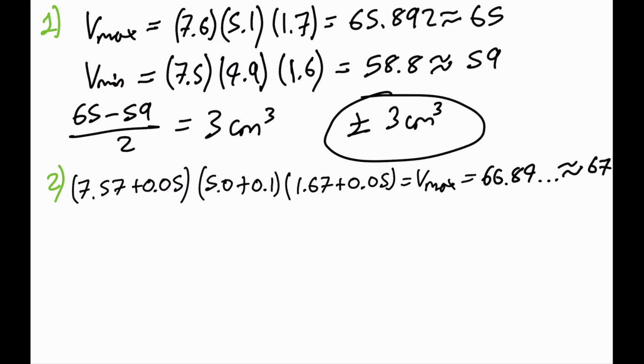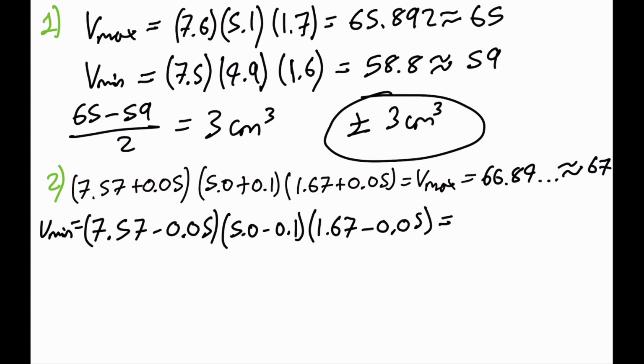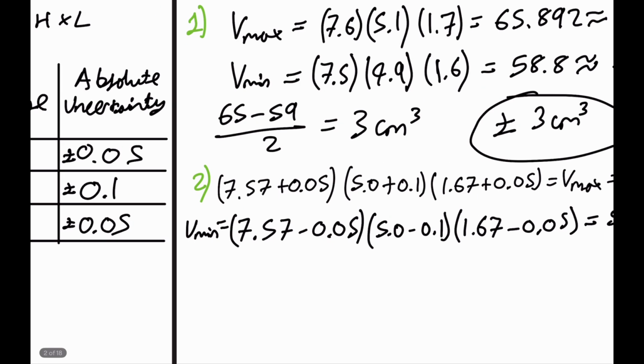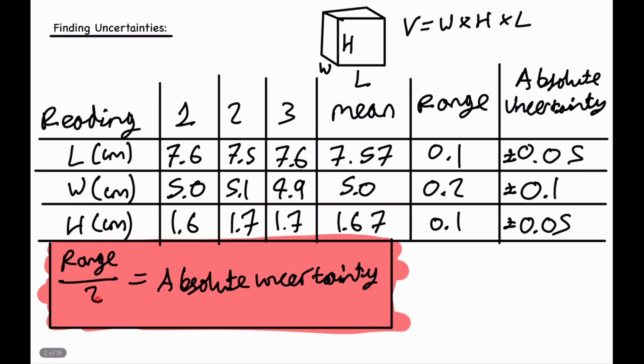And for the V minimum, we would do the same thing. So to find our minimum, instead of adding the uncertainties, we're going to take away the uncertainties. And we are going to get 59.69, etc., which we're just going to approximate to be 60. And to find our uncertainty, we're going to do the range divided by 2.